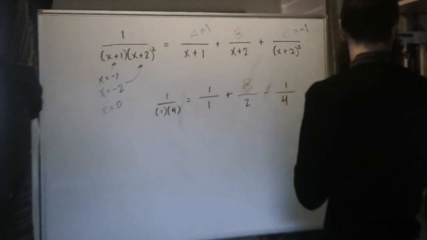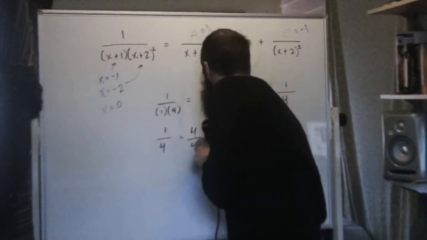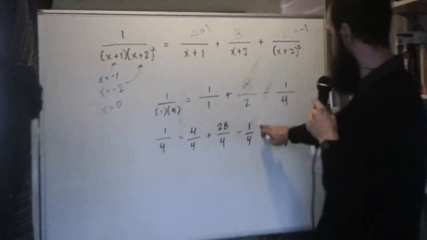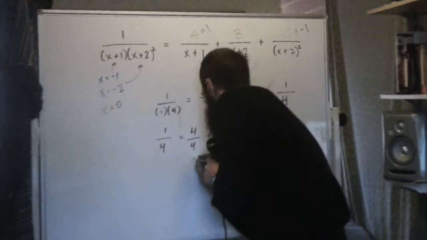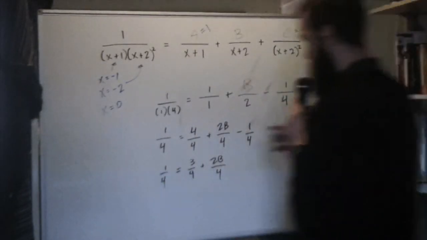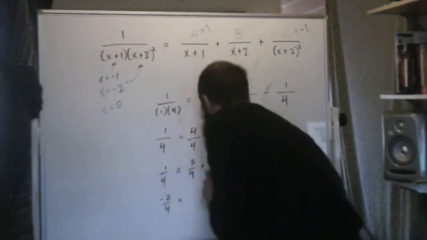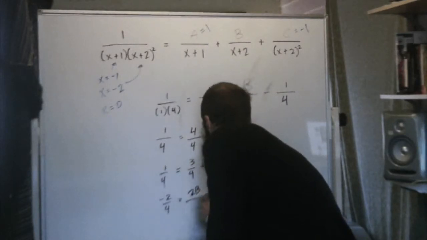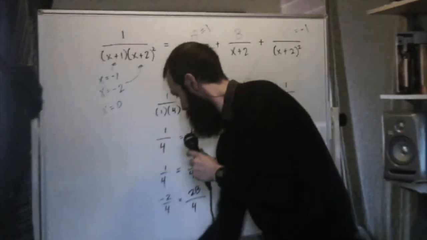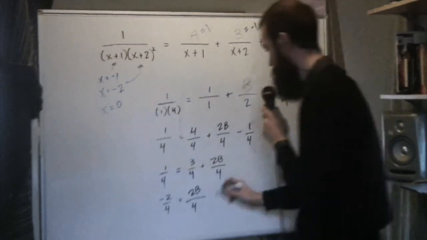Now I'm going to clean this up and put everything over 4. So 1/4 minus 3/4, that's -2/4, equals 2B over 4. So it looks like B equals -1.